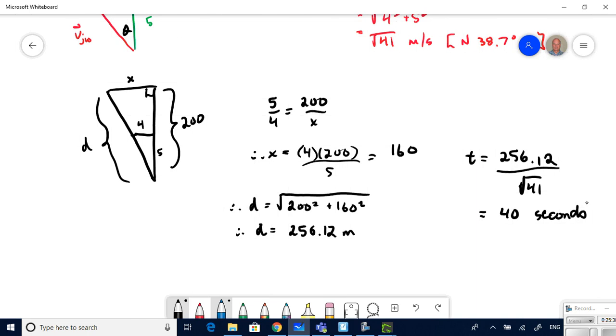On my large triangle, that's the whole river, I found the distance that she swims, 256.12, and the distance that she's off course, represented by x, which would be 160. Either way, the time it takes her is the distance she's got to cover in the water divided by her speed, 256.12 divided by square root of 41. I never did work that out, but either way, I got the time to be 40 seconds.